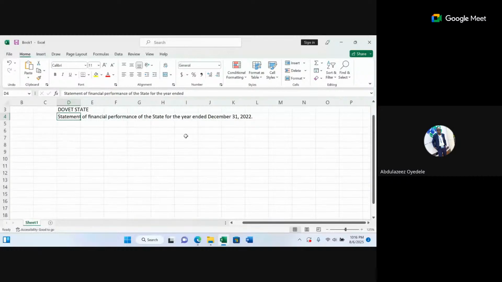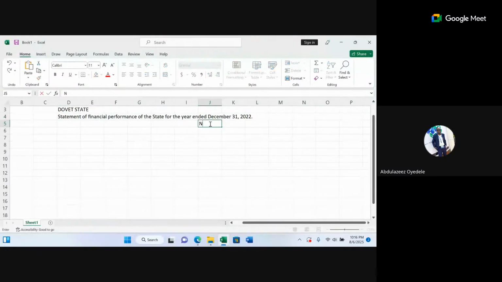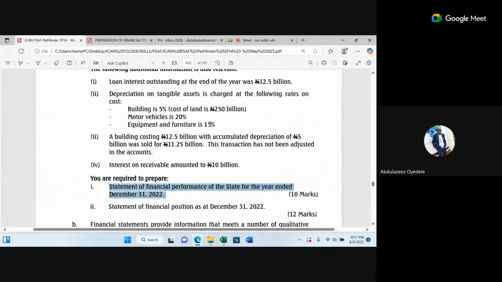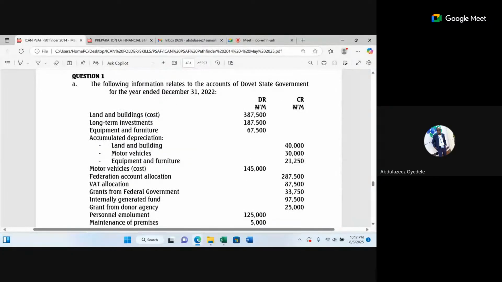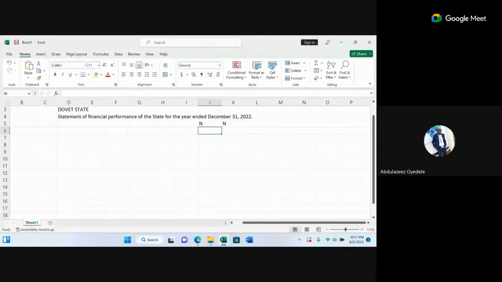Okay, let's say the figures we are given are in billions here, so we abbreviate to a million.